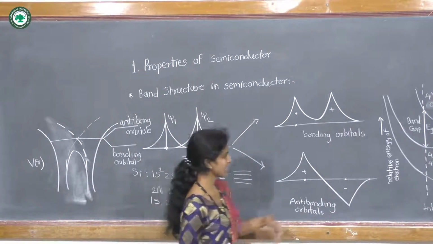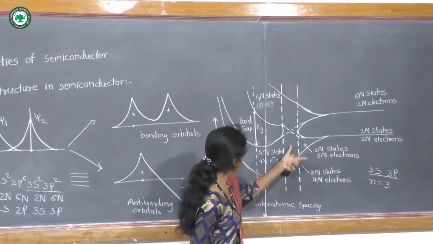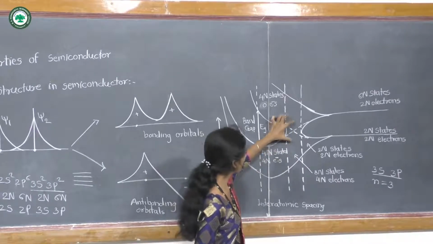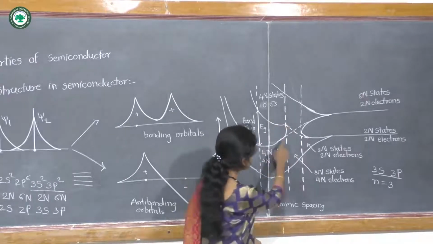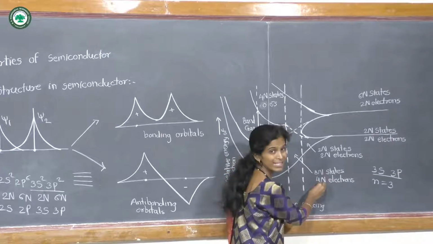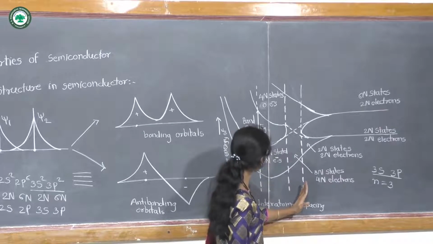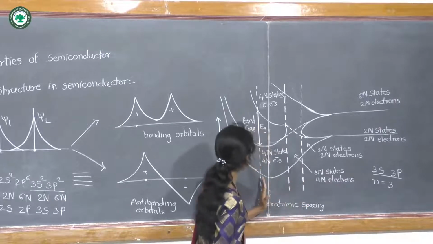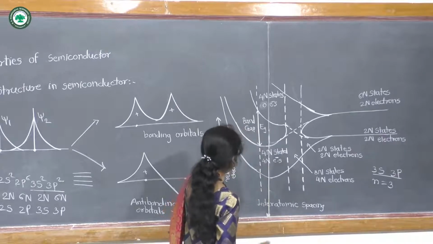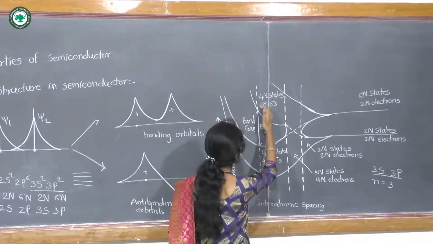When these atoms come closer at a particular interatomic spacing, the 3s and 3p levels get combined and we observe 8n states for 4n electrons. When the interatomic spacing is decreased further, we find there is a separation of energy bands.